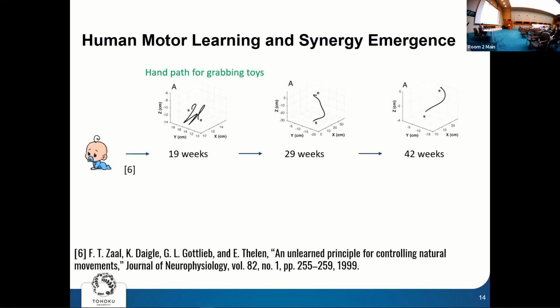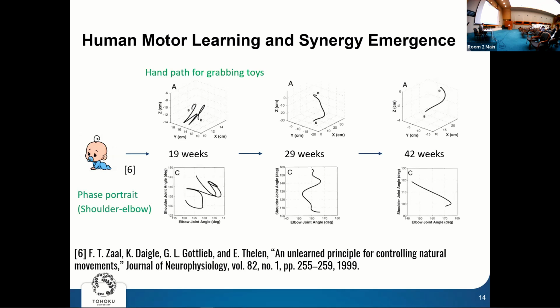This is an example of a baby reaching for an object. This is not simulation, this is learning by a real human agent. Initially, at 19 weeks, he cannot move the endpoint straight. But after 42 weeks, he starts to find the optimal pathway. This is the endpoint trajectory.